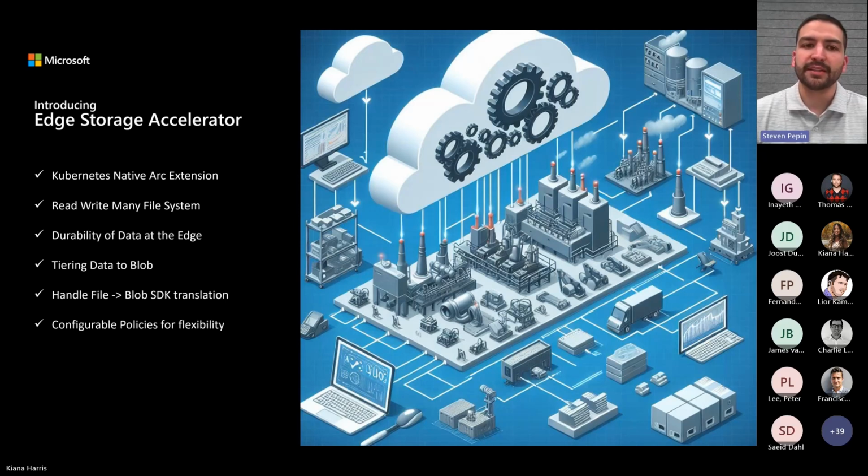So a nice feature to have, but we also will send all of your data to Blob. So anything you write to the Edge Storage Accelerator will be duplicated to the cloud, and then we run a cache at the edge. So if you run out of space in ESA, we'll purge stuff that you haven't used in a while. If you're trying to grab files from Blob, we can also take those down for you.